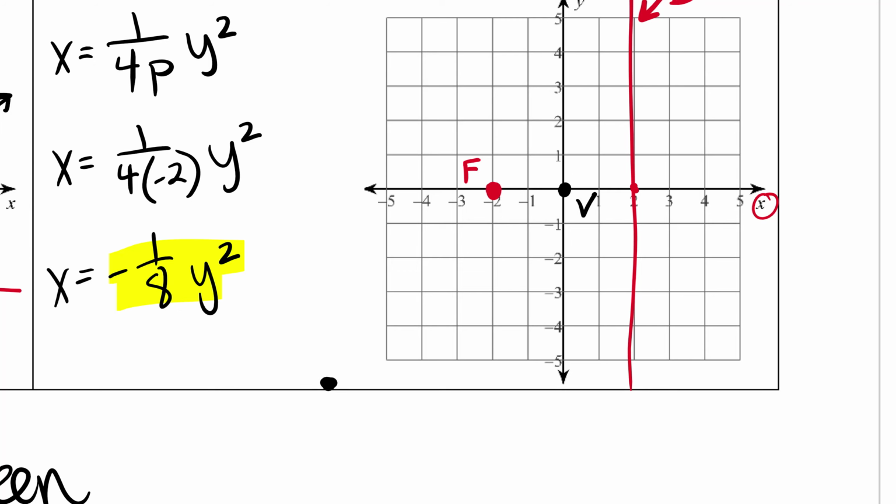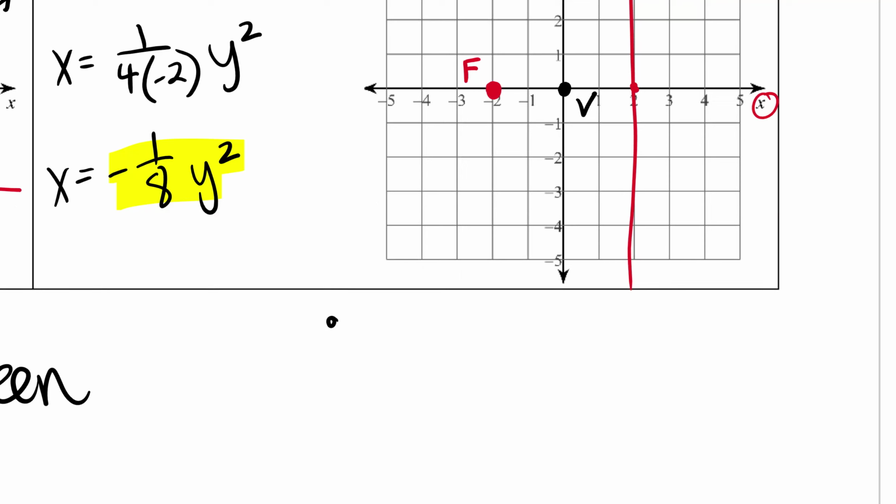So the same thing: I go over and up, or up and over. There's not enough room there, so let's go down here. So I go 1, 1, 2, 4.